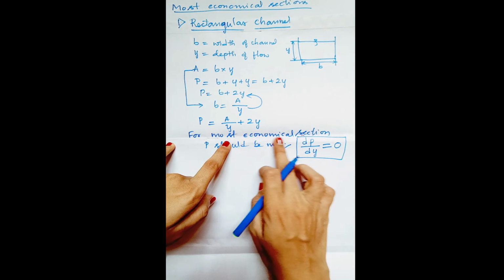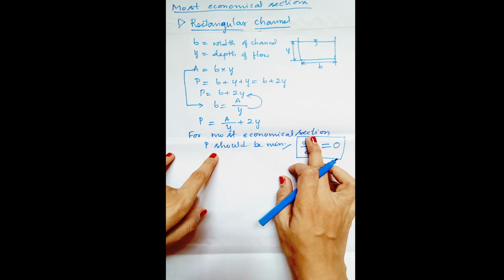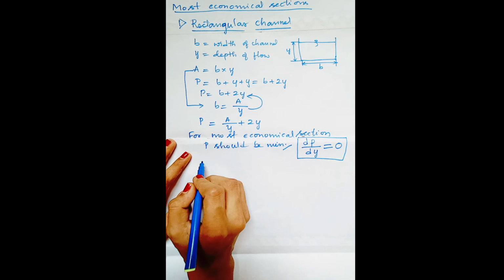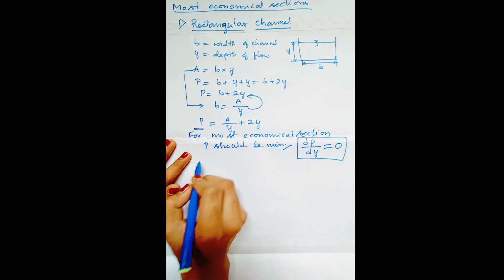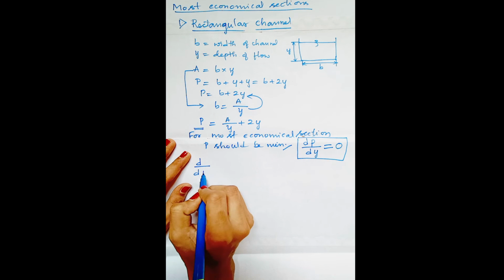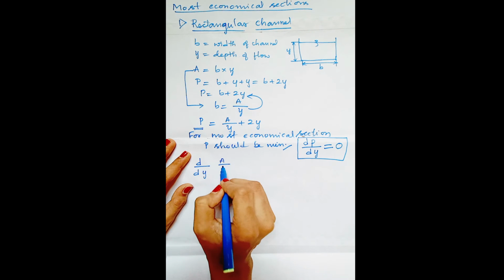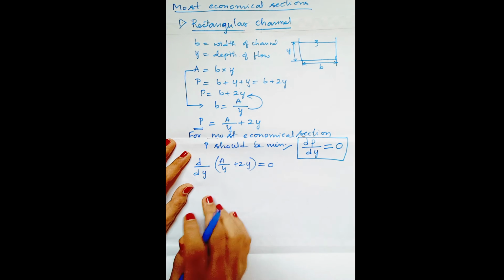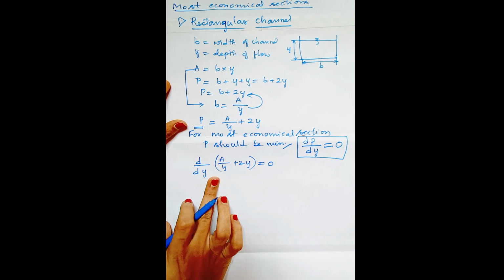For the most economical section, the condition is dP by dy equal to 0. So let us differentiate this perimeter with respect to y, A by y plus 2y, and equate it to 0. We differentiate only the y terms.